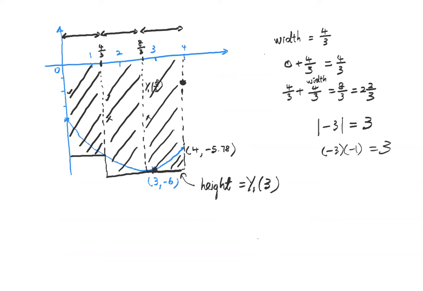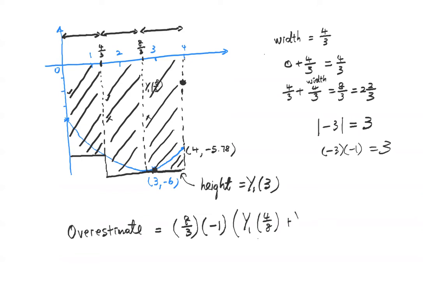So if I want to estimate the area now, what I should do is I will write like that. So the overestimate will be equal to the width, okay, then I purposely put a -1 here. Then I put y1 4/3 plus y1 8/3 and plus y1 3.